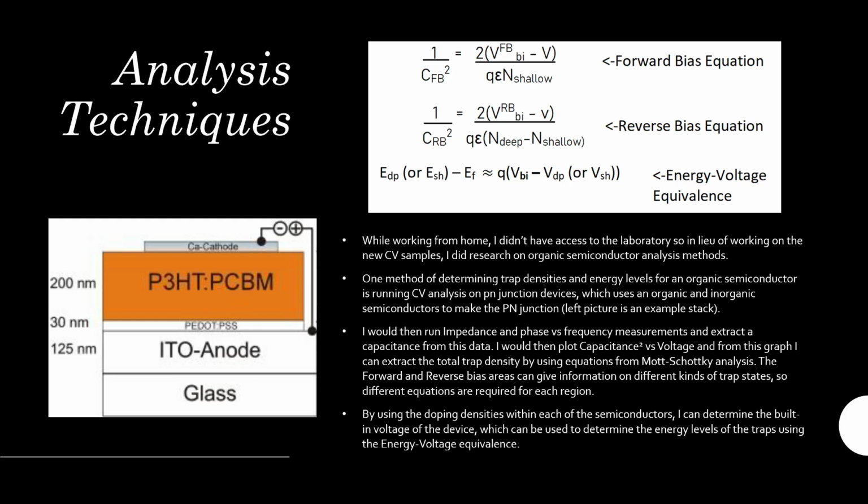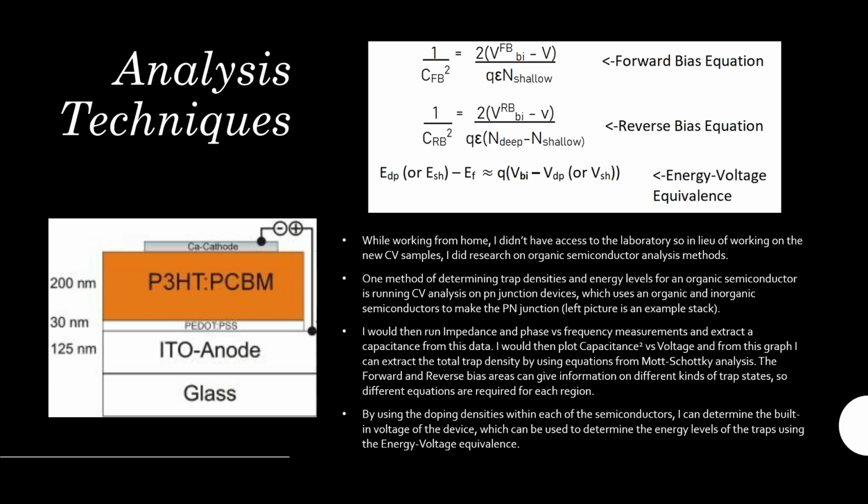P meaning a p-type semiconductor, which has primarily holes and is more of a majority acceptor, and n-type semiconductors, which are primarily doped with negative charges, which are a majority donor. And forming a junction between the two and sandwiching them between two contacts forms what's called a PN junction device.